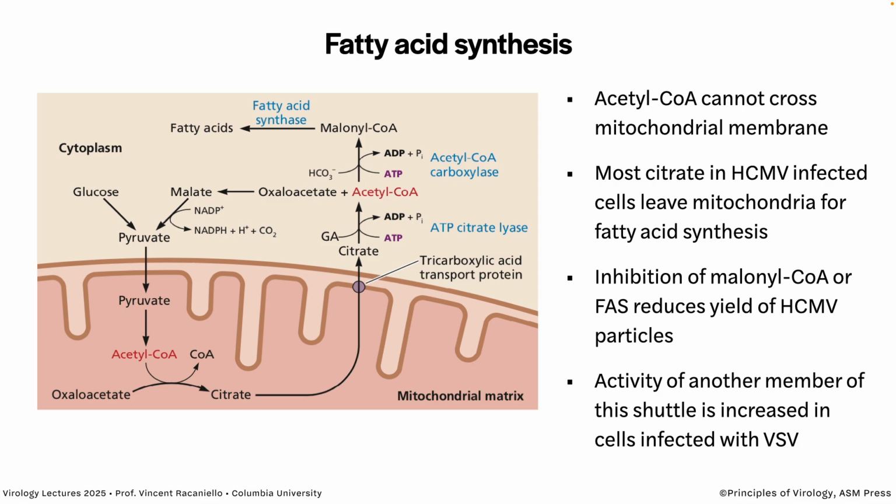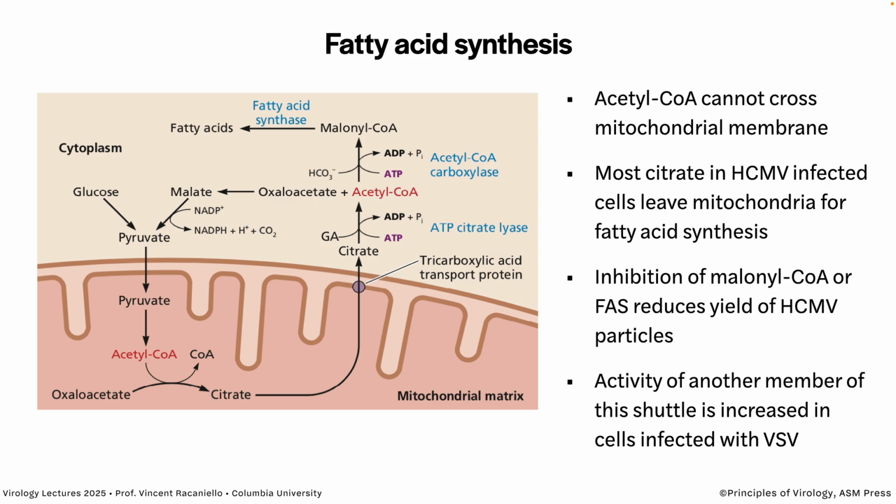But acetyl-CoA can't cross the mitochondrial membrane. That conversion occurs in the mitochondria, pyruvate to acetyl-CoA, and it can't cross the membrane. So it is converted to citrate. Citrate can leave the mitochondria, and it's converted back to acetyl-CoA. That's the way metabolism evolved.